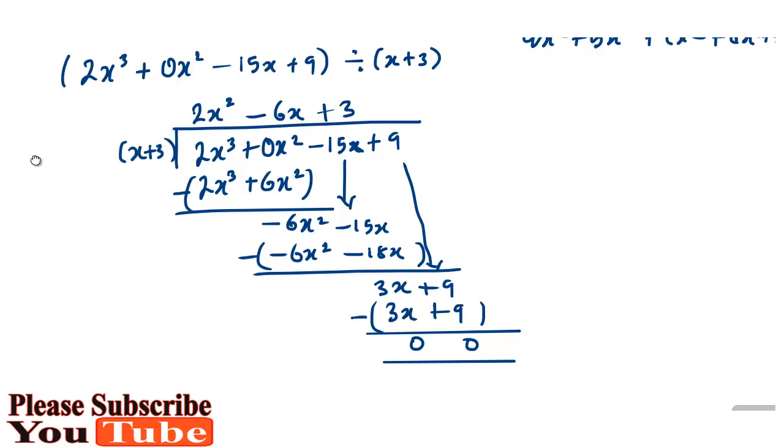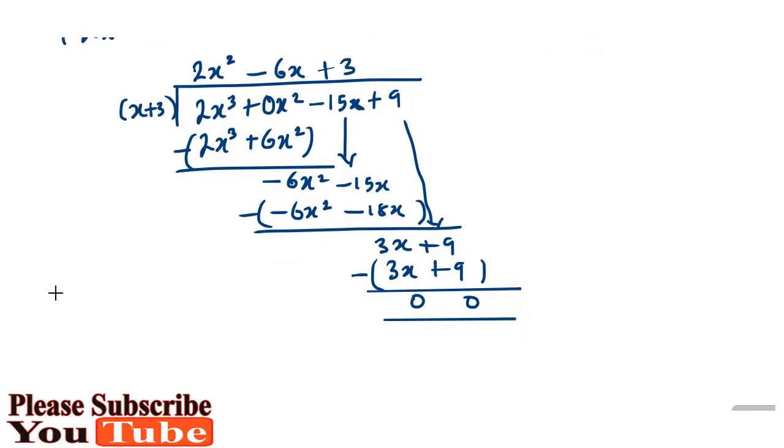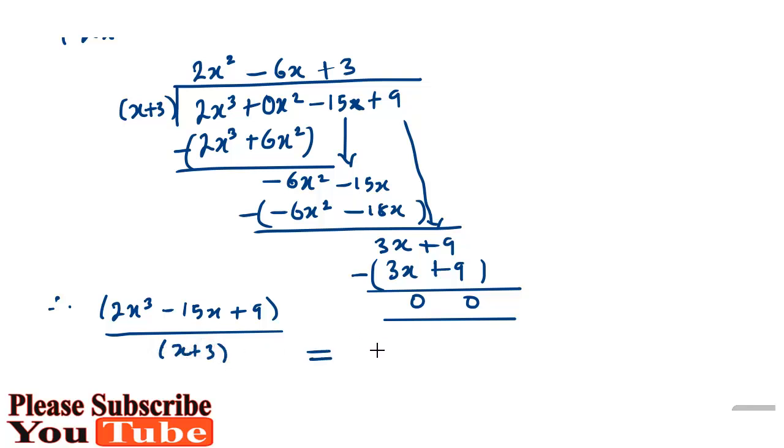So at the end of it, we can say that 2x cubed minus 15x plus 9 divided by x plus 3 will be equal to 2x squared minus 6x plus 3. That's the final answer because there is no remainder.